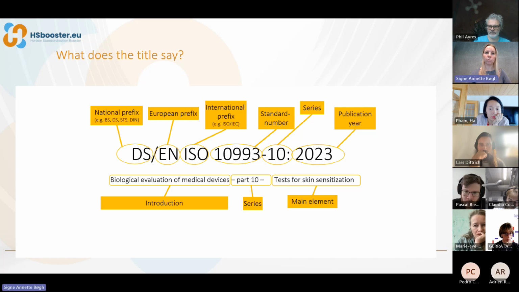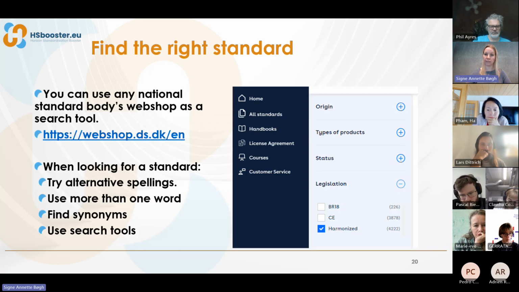So how do we then find the right standard? I have just used the Danish web shop. I will show you in a second how to use it, but you may use any national standard body's website. So if you prefer to search in French or so on, then you can look at the French standardization body AFNOR.